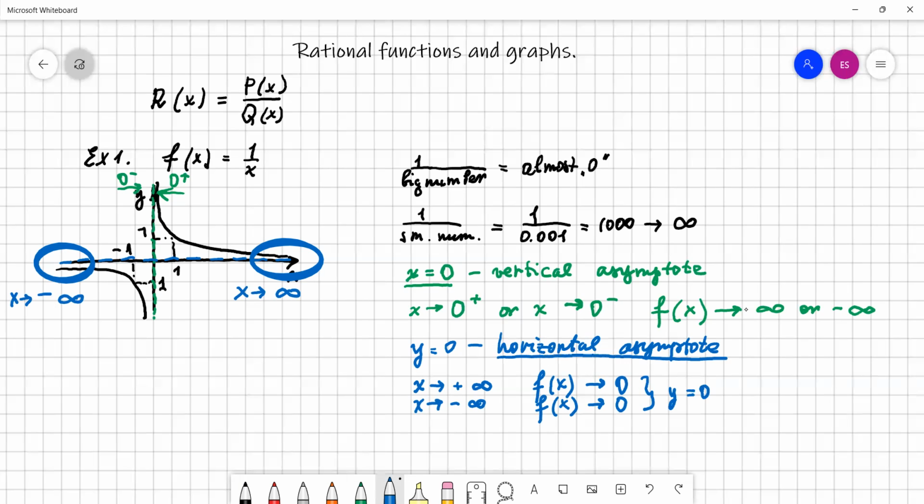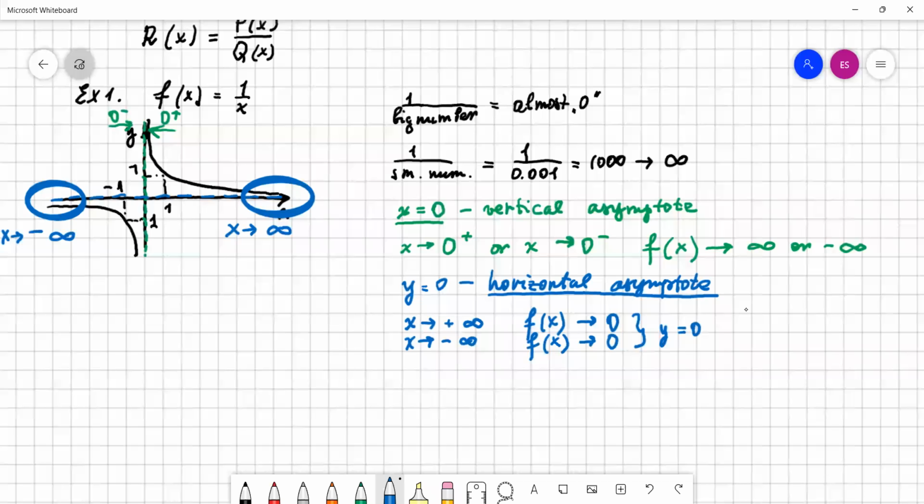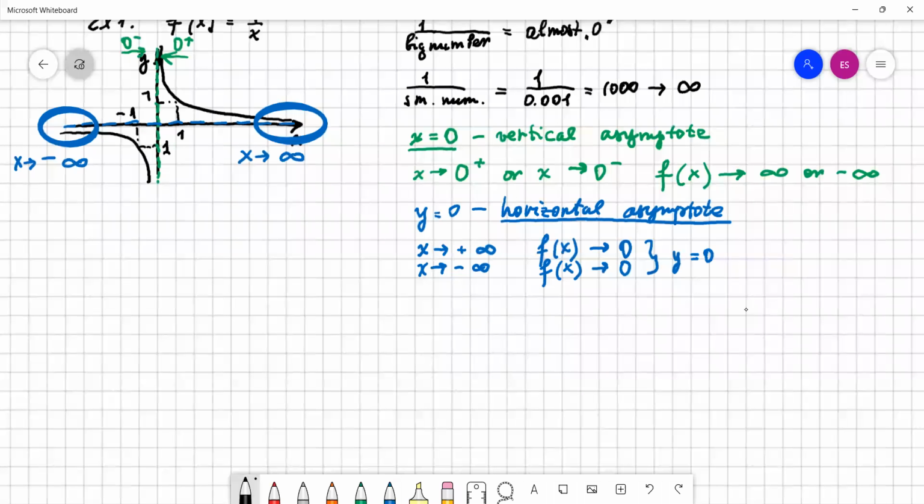Let's see now how the graph is going to be modified if we have it a little bit more complicated. So example number 2. F of x equals 1 over x minus 1. So how are we going to modify this graph? Well, remember transformations.